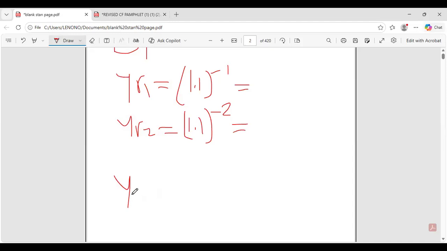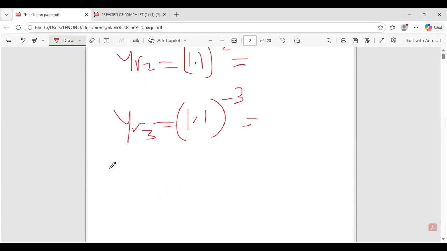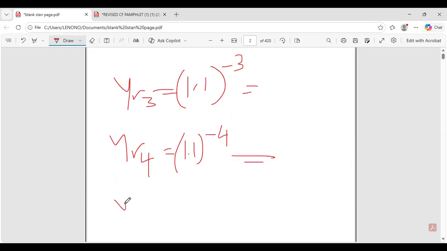Then year three, it will give us 1.1 to the power negative 3. Start getting the factors. Year four, 1.1 to the power negative 4. This is how you're getting the factor.